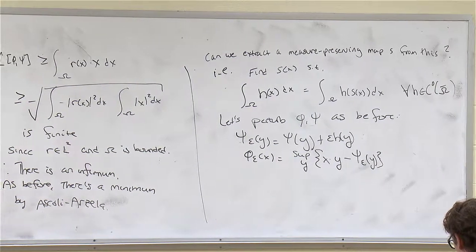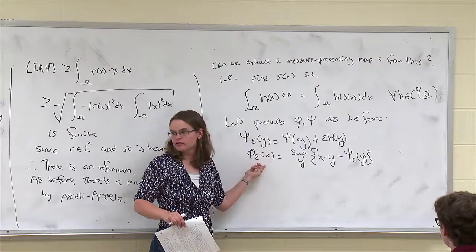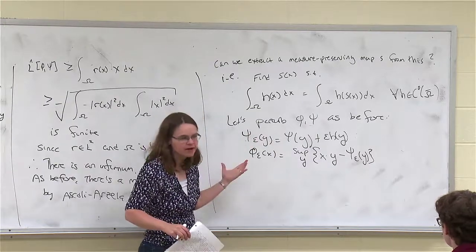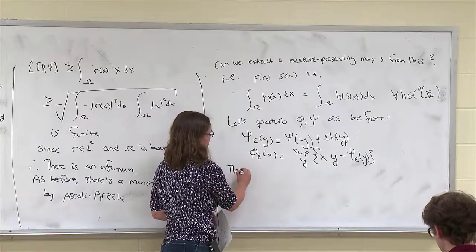We know this is admissible because it is a Legendre transform, and that automatically gives us our admissibility conditions. So this is an admissible pair.